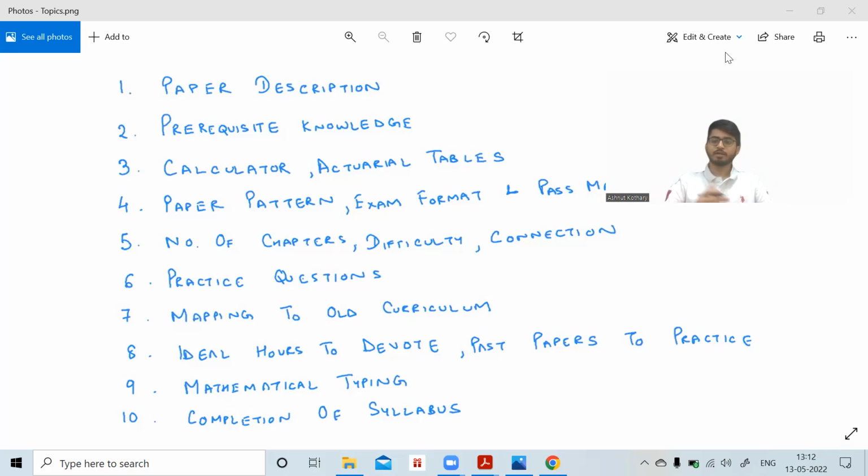Alternatively, the second way is, instead of going through everything of CS1 or CT3, start preparing for CS2. Whenever you see a topic which you're not able to recall, which had been covered previously, you can take the help of the CS1 or CT3 material and go through that particular topic. This is just a bit more time efficient, given that you'll end up revising only those topics which are required for understanding the CS2 topics. So this is the prerequisite knowledge.